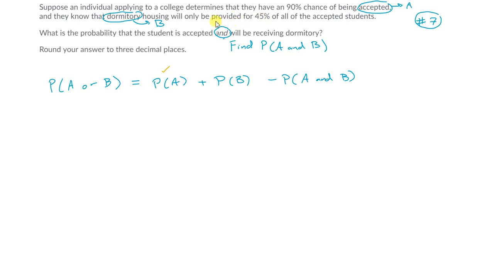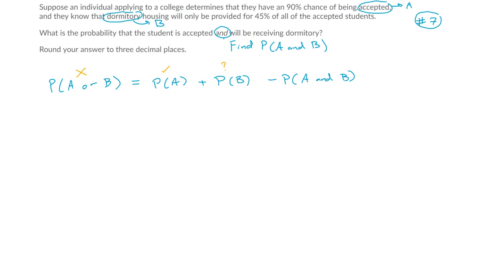Because really this is the probability of getting a dormitory. It's not 45% of all students, it's 45% of all accepted students. So maybe we kind of know B. I'm not quite sure about getting a dorm. But do we know the or? We don't know this. They didn't tell it to us. Because they didn't tell it to us, I don't have enough information to use this equation.